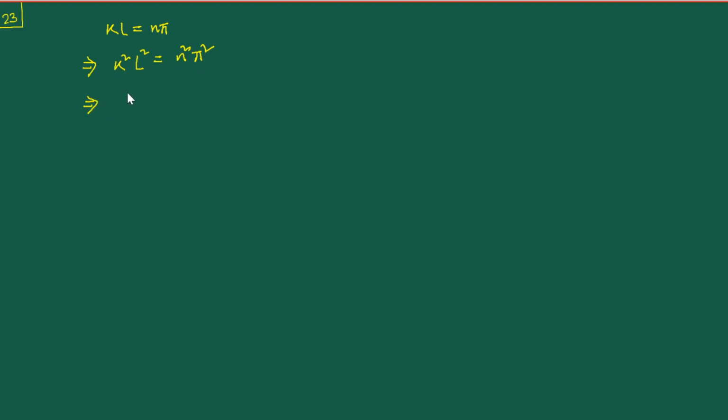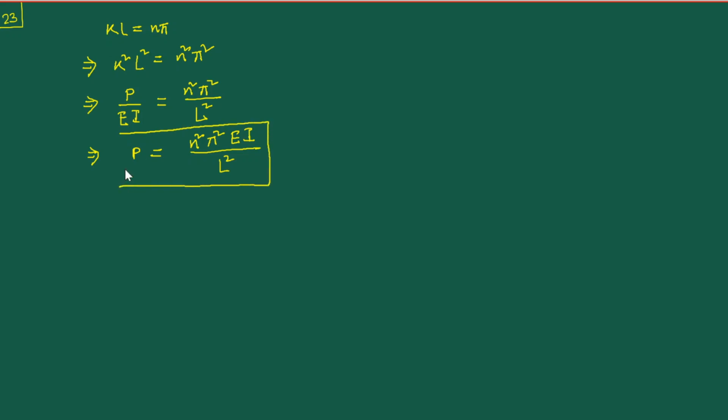Now K square is P by EI. I take the L square to the other side, so that P is equal to n square pi square EI by L square.